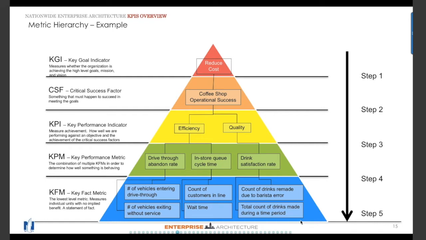This is an example of how we look into our key performance indicators. We did not just look at one set of data. I think you have to really start from the top, with the key goal indicator.